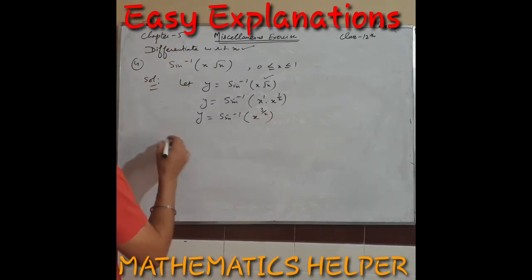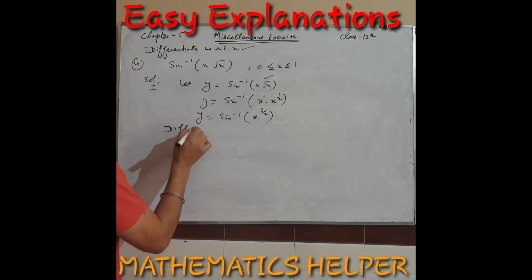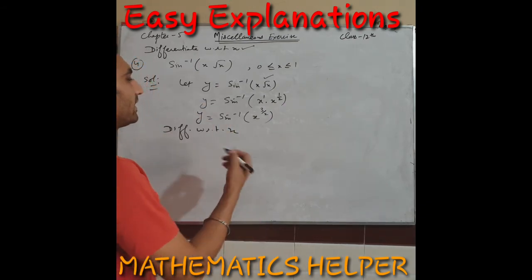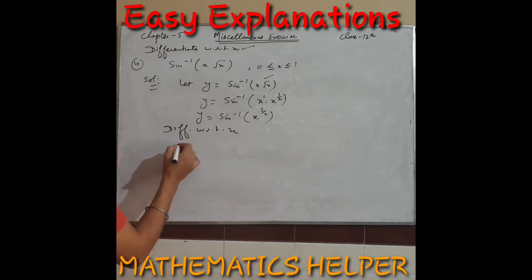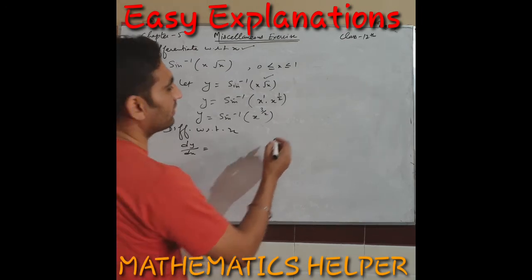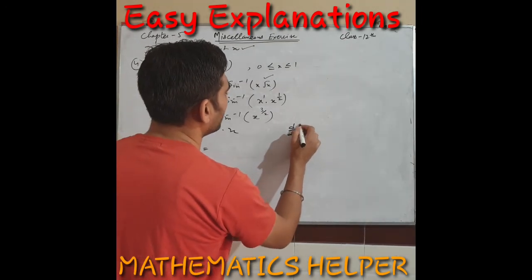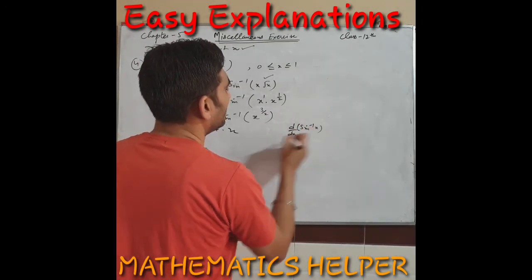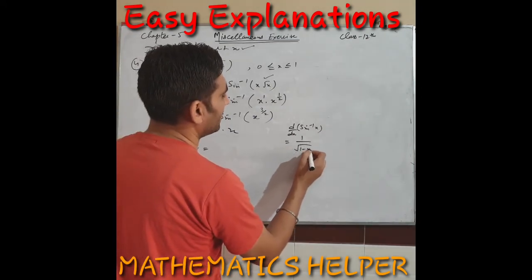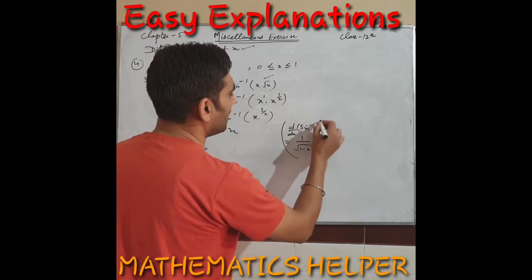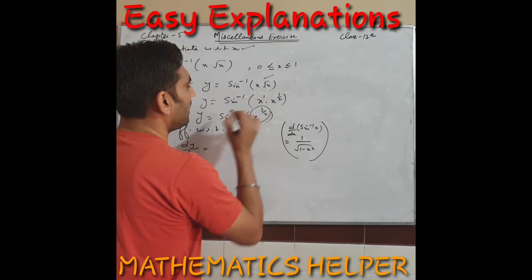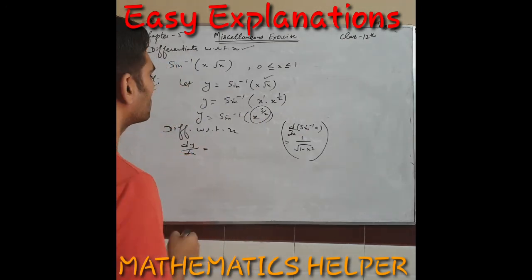Now it is time to find derivatives. So I am writing, differentiating with respect to x, it will be dy over dx. And on this side, what is the derivative of sine inverse x? Try to remember, the derivative of sine inverse x is 1 over square root of 1 minus x square. But this is about only x, while this angle is x raised to power 3 over 2. So see how we have to write.